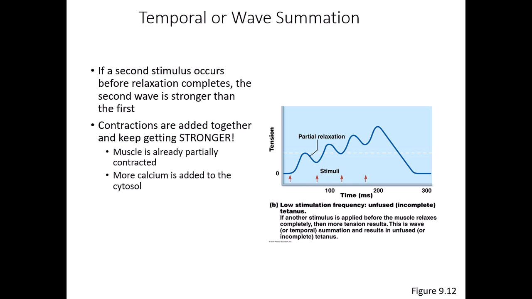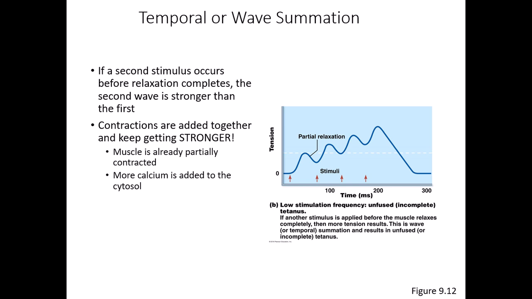And so the reason that we're able to achieve a higher tension, greater strength with each additional stimulus is because the muscle is already partially contracted. So we already have a bunch of those cross bridges formed, and so that's already a certain level of strength. And then we introduce even more of those cross bridges to make a stronger contraction.